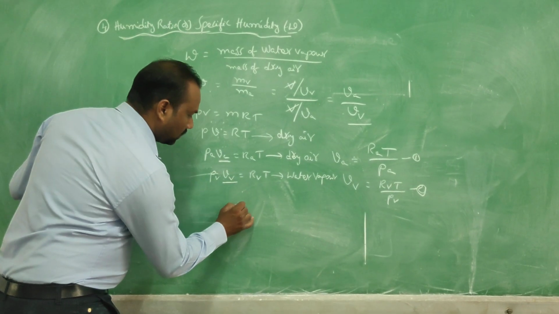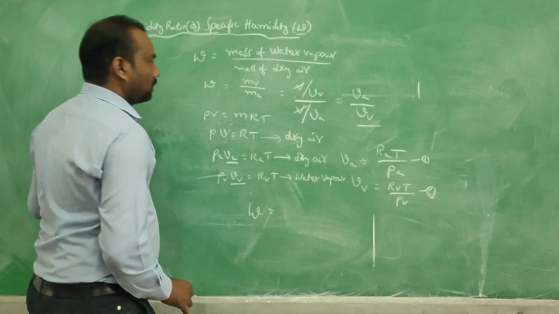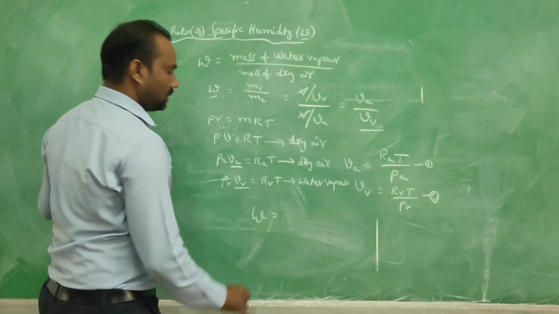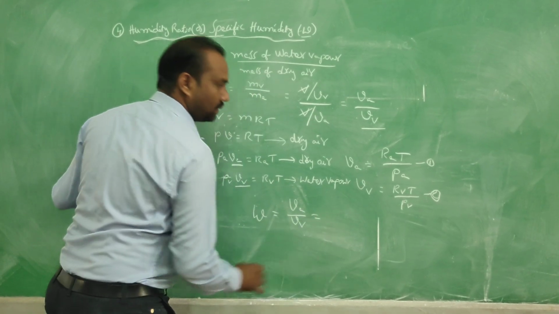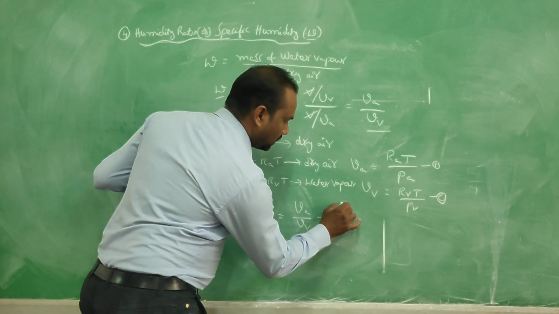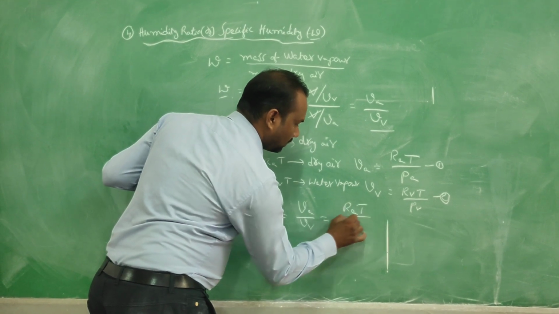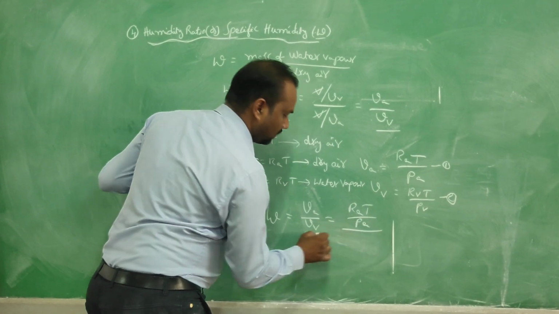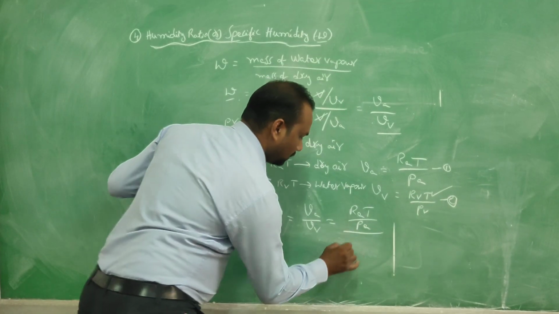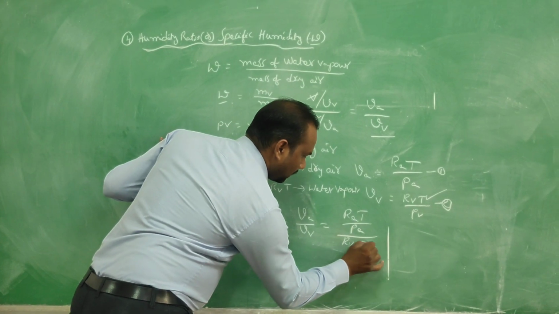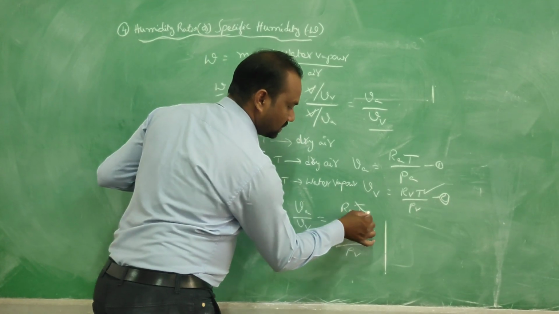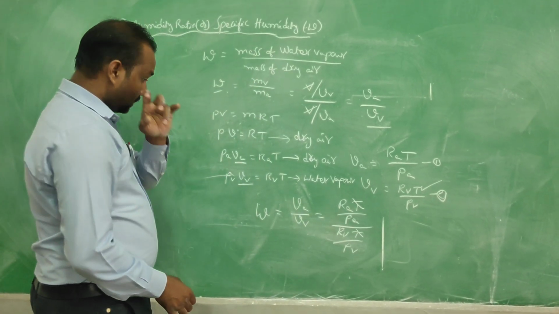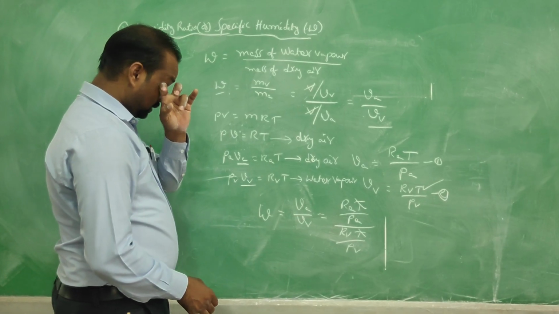These equations 1 and 2 are substituted in the definition of omega, that is vA by vV. What is vA? vA is RA T by PA divided by vV, this term, RV T by PV, where the temperature gets cancelled.